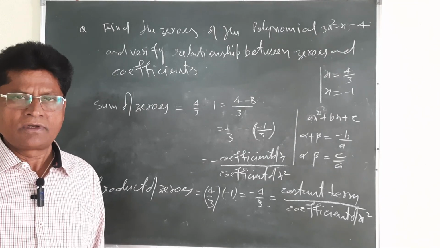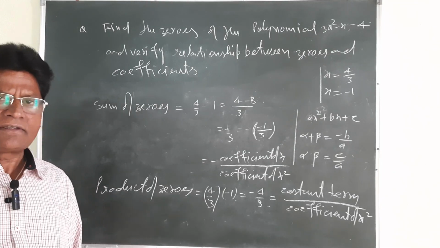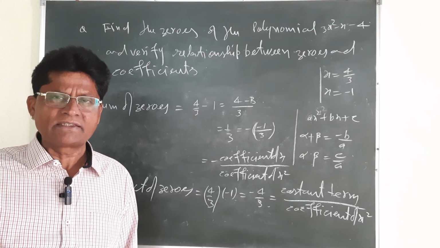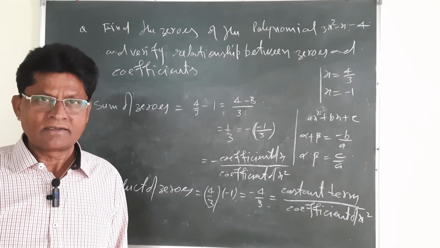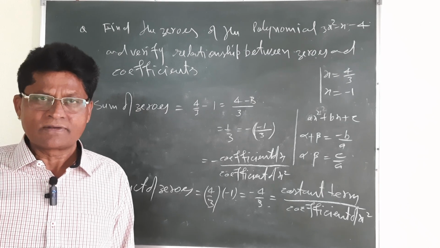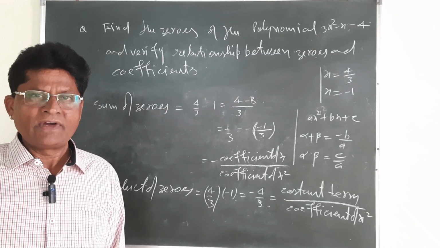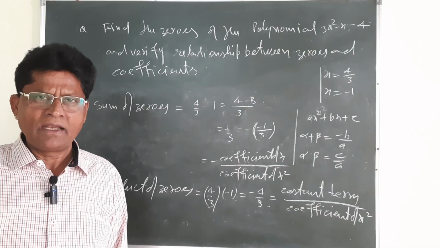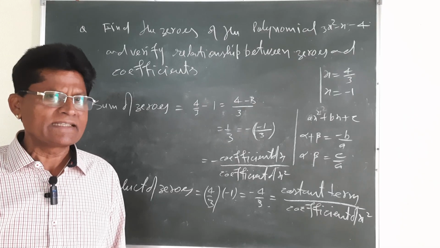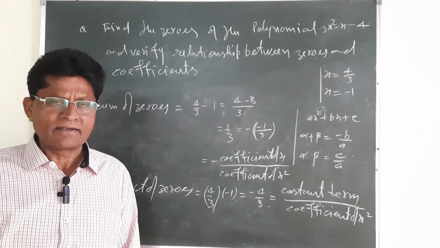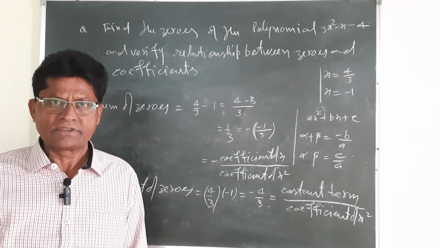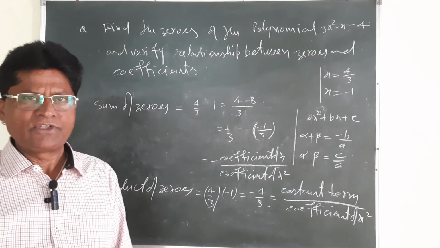Questions directly related to the formula or definition may be asked. What do you mean by zeros? Suppose the graph of the polynomial intersects the x-axis at 2 points, how many zeros will be there? Everything I have discussed in my previous videos.